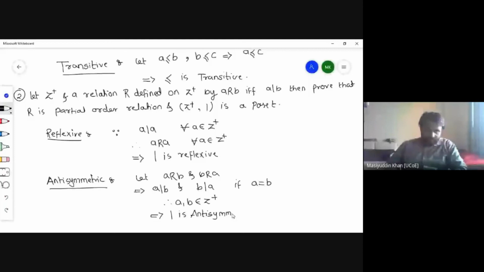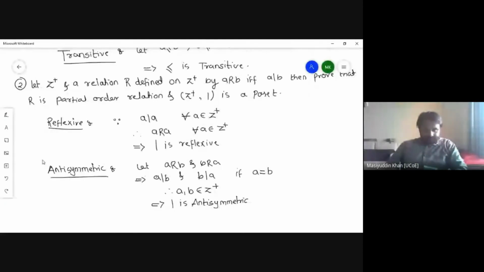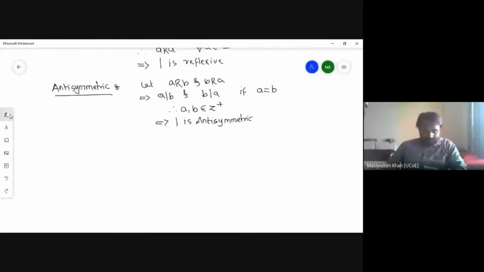Anti-symmetric. Now the last one is transitive.